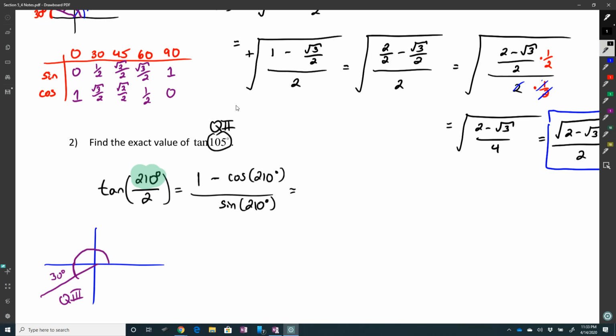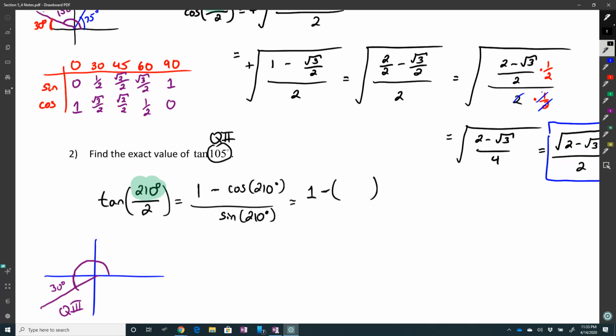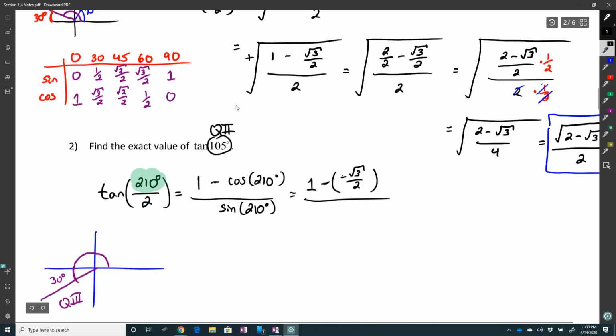So cosine of 210 is just going to be negative cosine of 30. So that's negative square root of 3 over 2. And sine of 210 is the same as negative sine of 30, so negative 1/2.